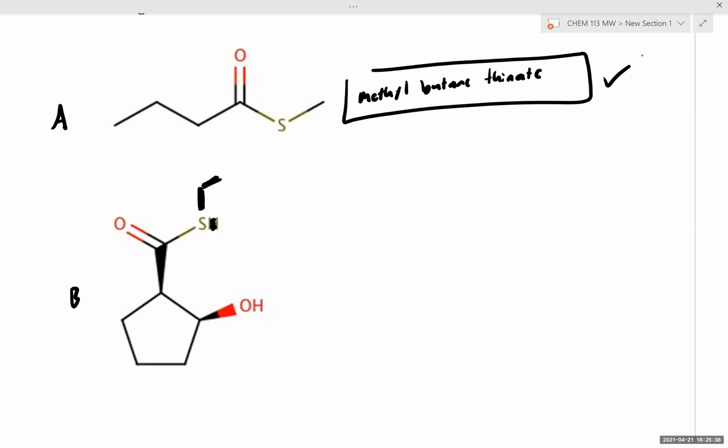Would anyone like to propose a name for this second compound? Working through these naming problems, would anyone like to propose a name for this second compound?